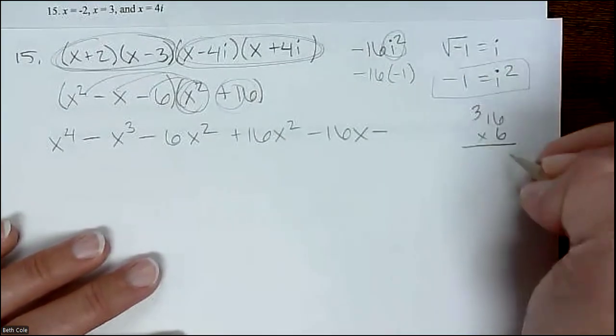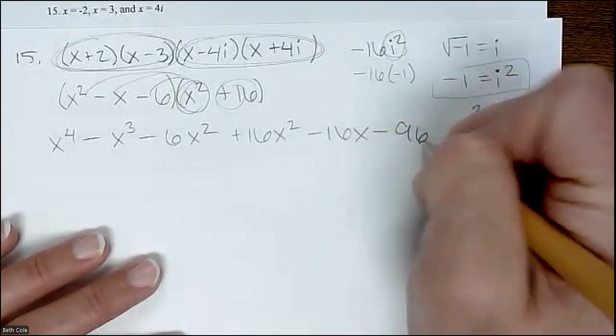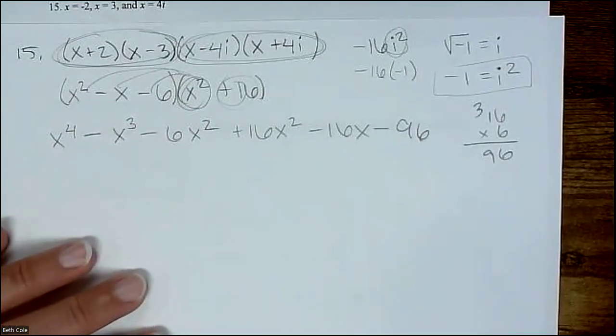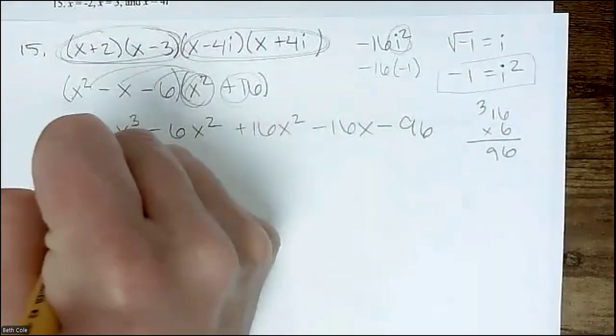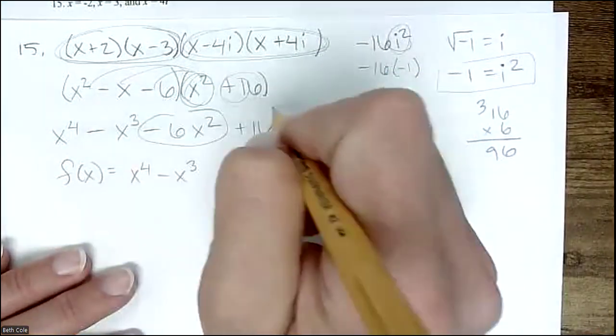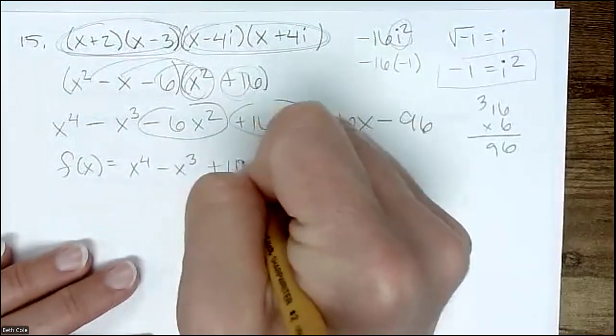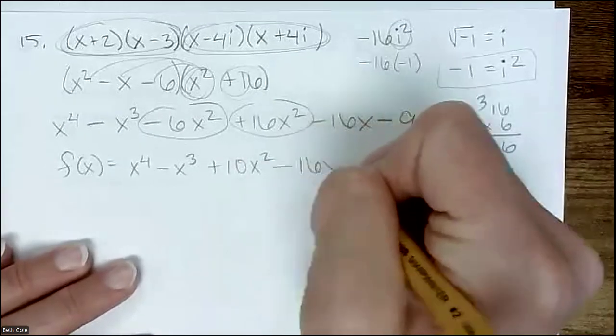That would be 36, so 96. And then like terms go together. If you don't put in f of x equals, I am not going to take off, but I'll be happier in my soul if you put it there. Like terms together would give you 10x squared.